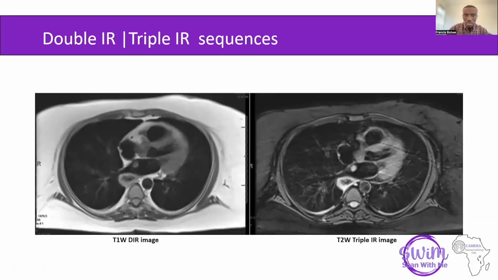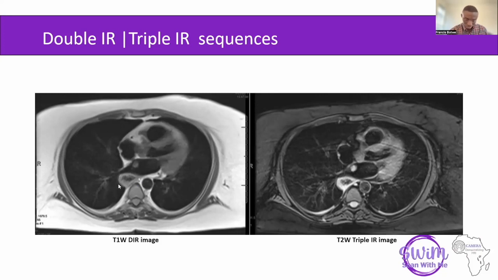All right, so we can look at these two images. The one on my left hand side, they used the double inversion recovery. And you can see that blood in this looks dark, and around the area of interest, you can see that fat looks bright.